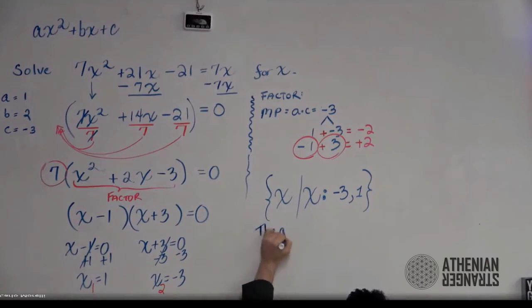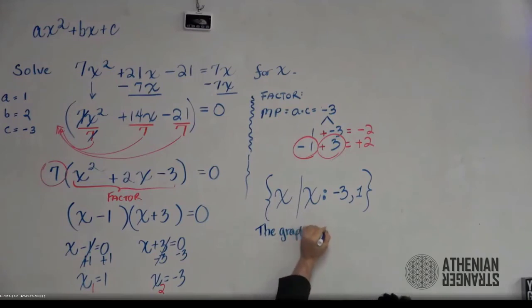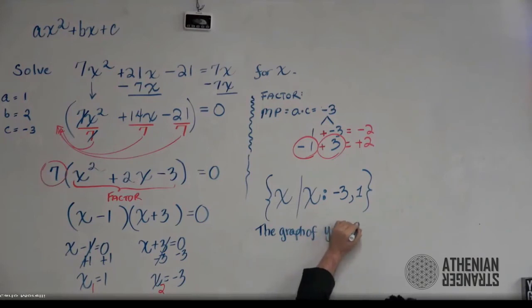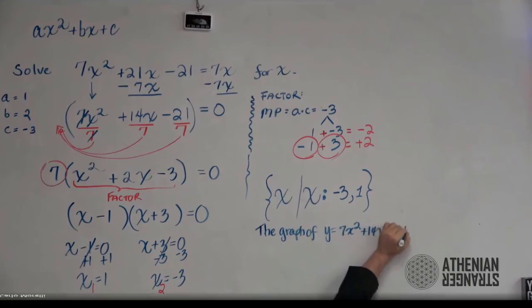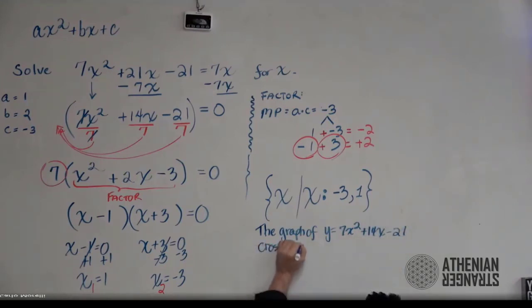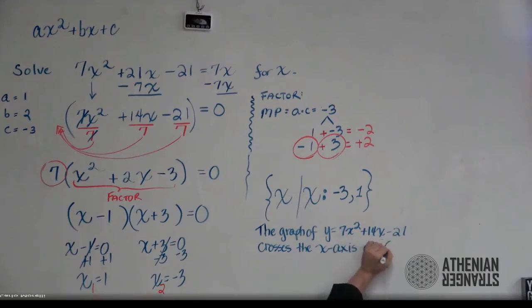The graph of y equals 7x squared plus 14x minus 21 crosses the x-axis at negative 3, 0 and 1, 0.